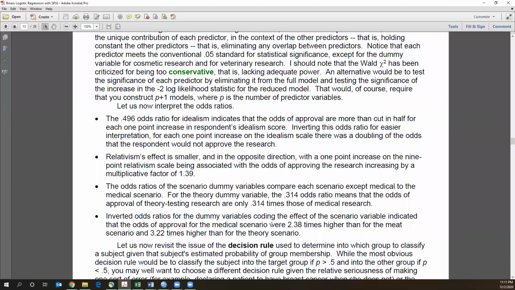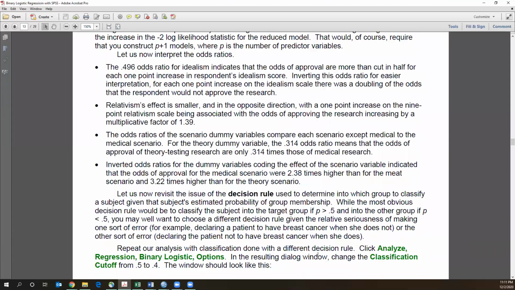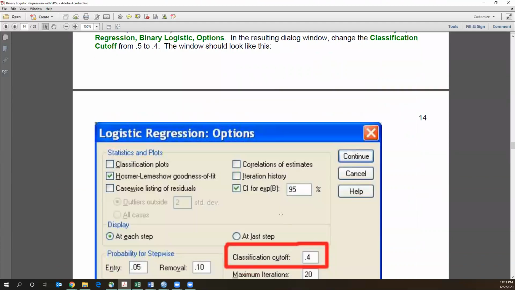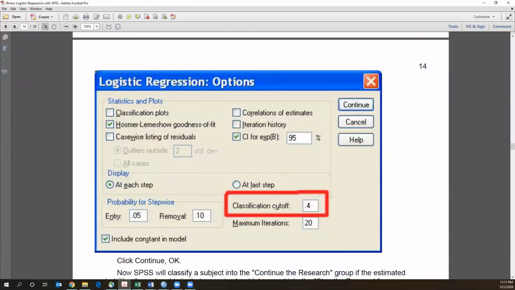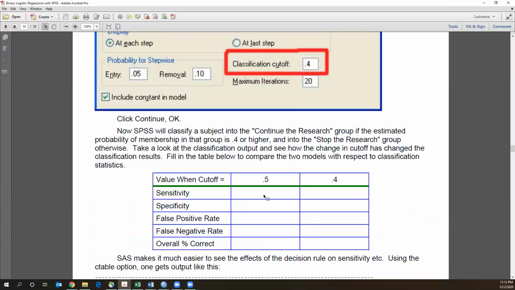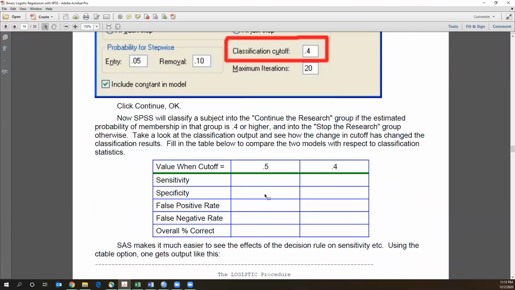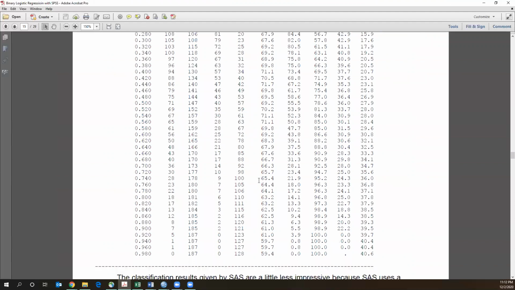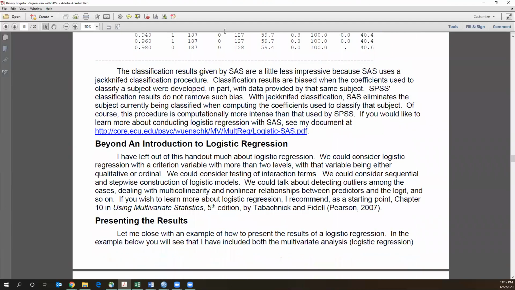So this is explaining how you can interpret each one of those. Talks about how you do it. You can do your classification cutoff. This is all explained. This is from SPSS here, which is what I had to code my dissertation in.